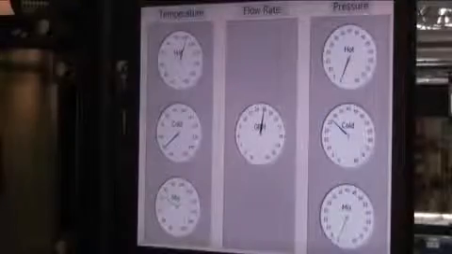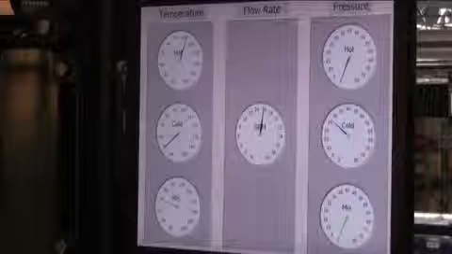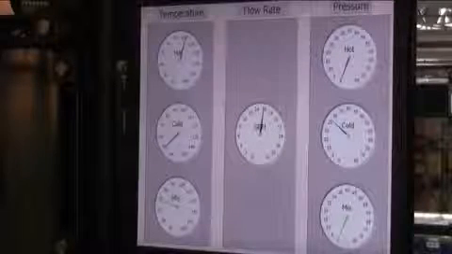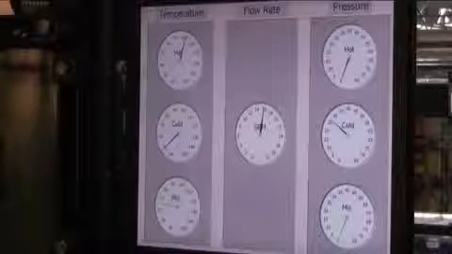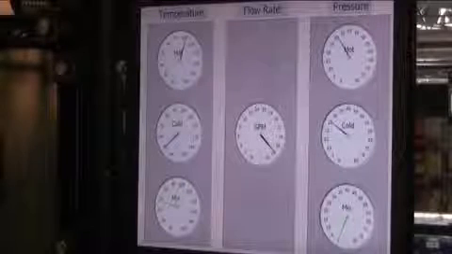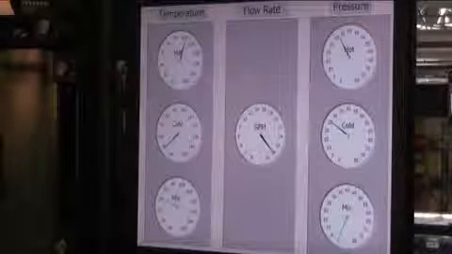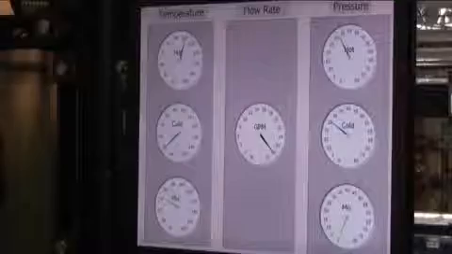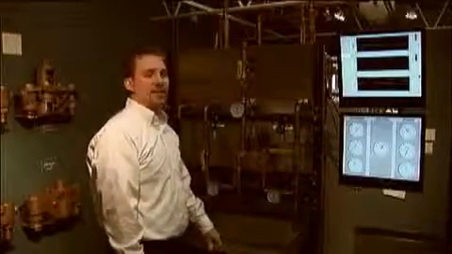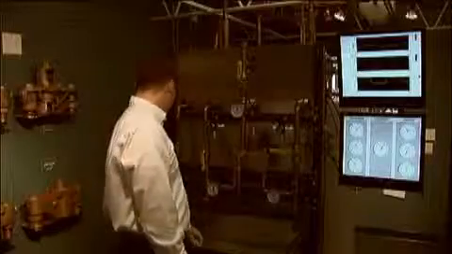We simply regulate how much hot we add to the cold. And by doing so, we don't have any mechanism that has to move to allow full cold flow. So no matter what the situation, you know you're going to at least get cold water through the Bradley thermostatic mixing valve. If the cold water is lost, the valve will sense this, the thermostat will expand and shut down the flow of water.